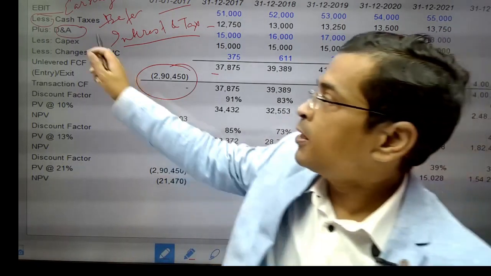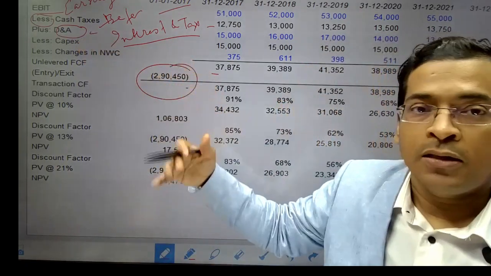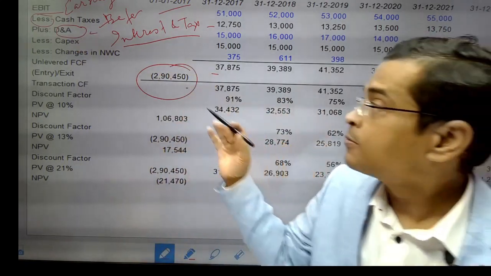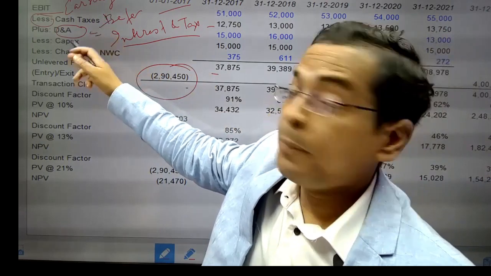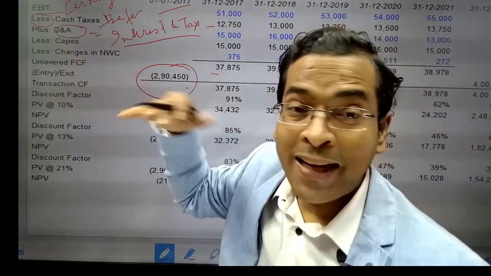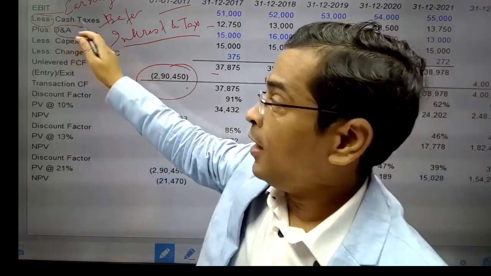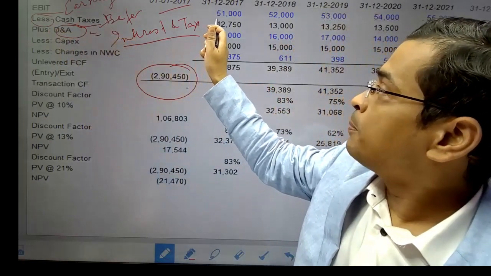So depreciation is not a real cash flow, right? So we need to add it back because we are considering only the cash flow when we do the NPV analysis, right? So add D&A, depreciation and amortization, not the D&A that we learned in biology. So less cash taxes, because that is paid.